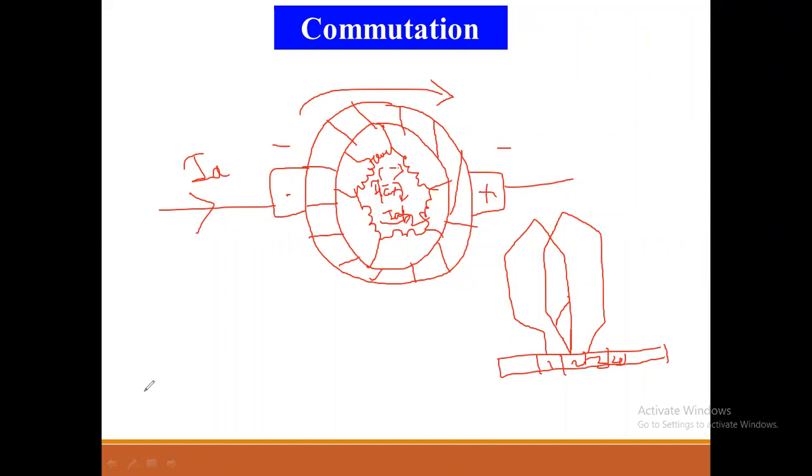So therefore current in that coil will be reversed, as the coil passes from one pole to another pole. ज्यावेळेस कॉइल एका पोल पासून दुसऱ्या पोल कडे पास होईल, at that situation the current direction will be reversed. What I am telling, current हा armature coil मधून फ्लो होणारा current always it is flowing from negative to positive.